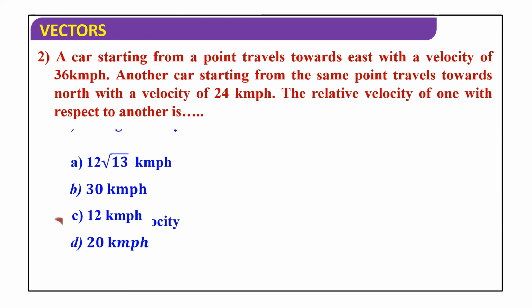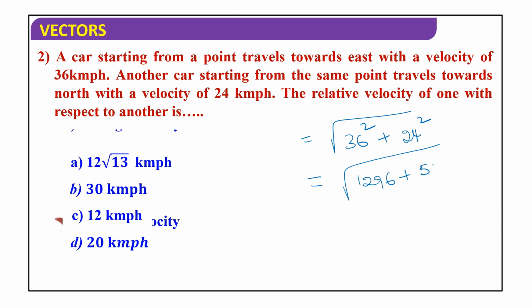Here the relative velocity of one with respect to another is the root of Va square plus Vb square, that is 36 whole square plus 24 whole square. 36 whole square is 1296 plus 24 whole square 576. So this is the square root of 1296 plus 576.